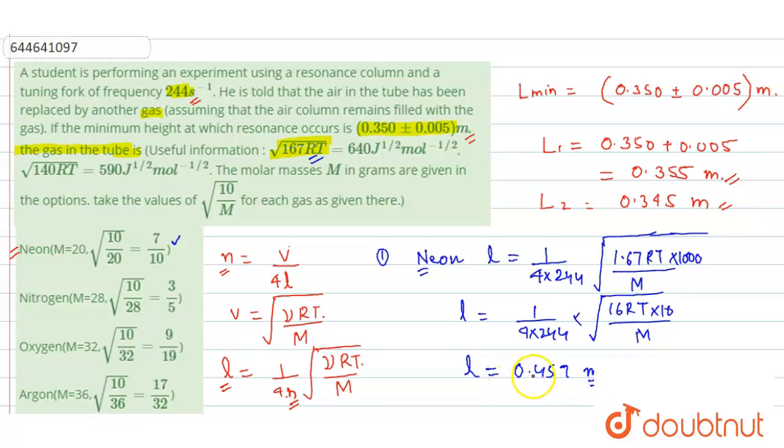So if neon is filled up to this 0.459 meters of length in an air column, then only it can show the resonance.